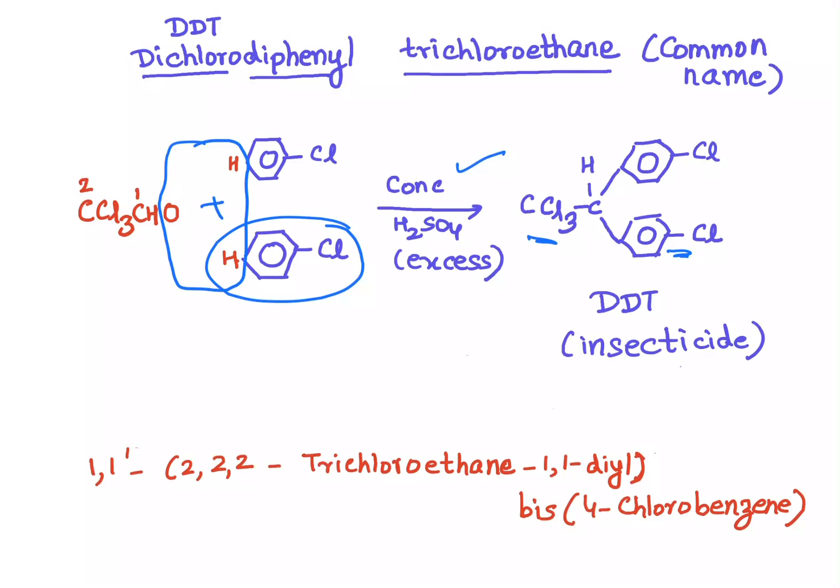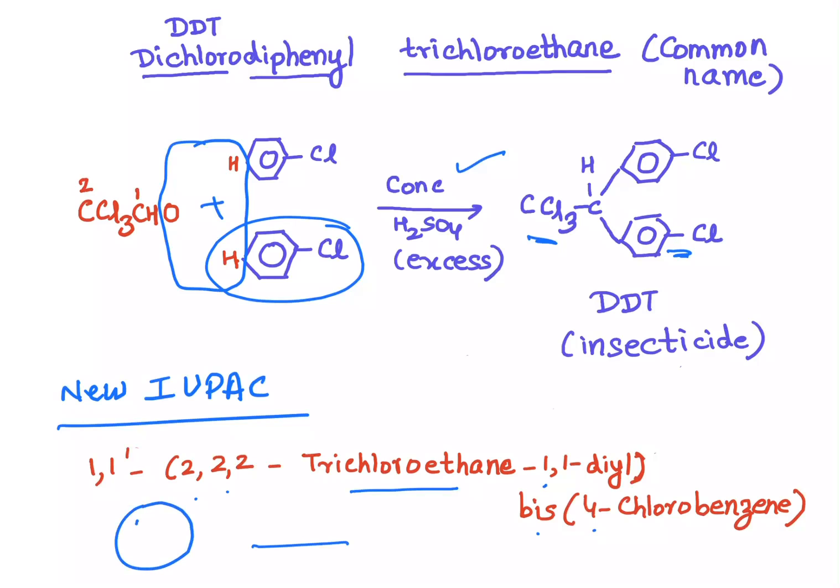But then there are new IUPAC rules, and according to the new IUPAC system, the name of DDT is 1,1,1-trichloro-2,2-bis(4-chlorophenyl)ethane. Yes, the name with all the attachments to it, right? It's a very short name, easy to remember, isn't it?